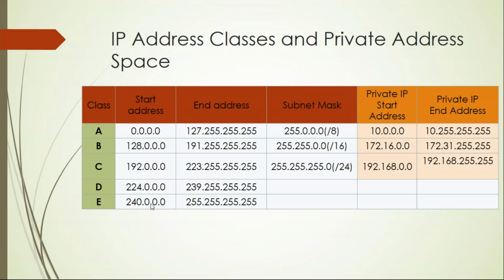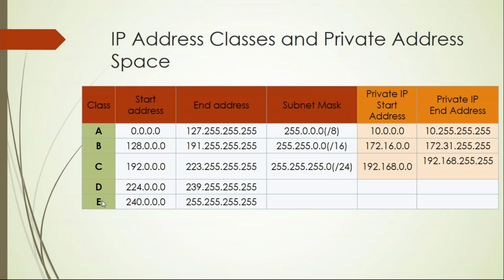We won't use this address space except the last IP address, 255.255.255.255. The complete series from 240 to 255 we don't use; only the last IP address we use. Class E is used by research and development and army people.